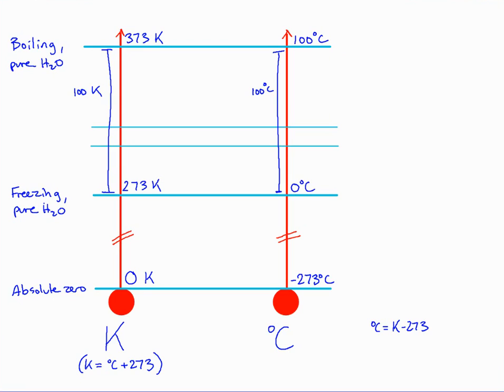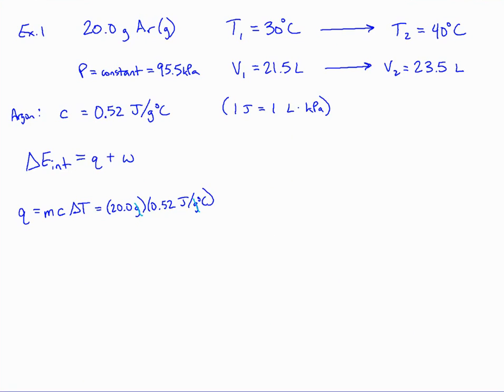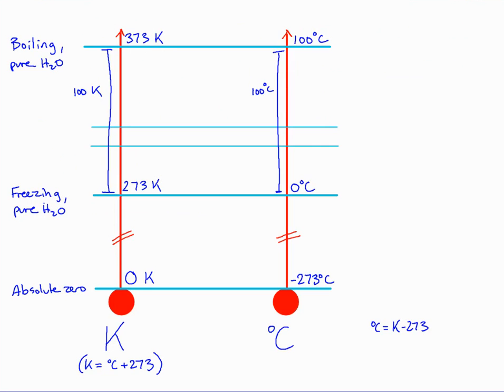And so now we're going to go to our specific conditions for this question. The initial temperature is 30 degrees Celsius. So let's say here T1 equals 30 degrees Celsius. And the second temperature is 40 degrees Celsius. If I want to know the delta T of these two terms, delta T equals T2 minus T1.